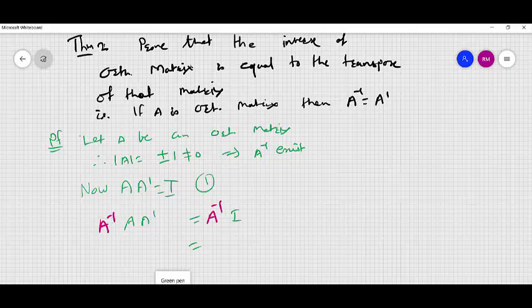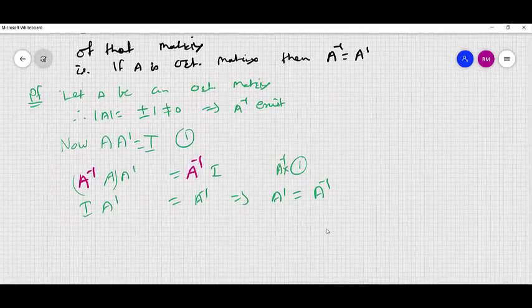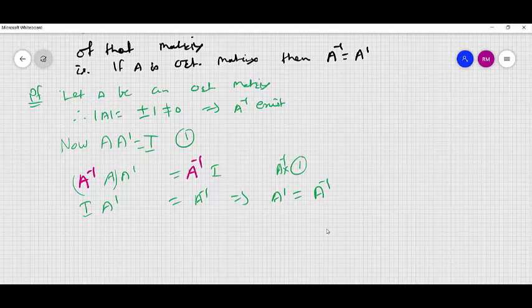This is say 1, and this we obtain by multiplying A inverse on both sides. A inverse into I is A inverse. A inverse into A is I into A dash. So this implies A dash equal to A inverse. So hence proof. We have proved that the inverse of an orthogonal matrix is equal to the transpose of the matrix. So hence proved.